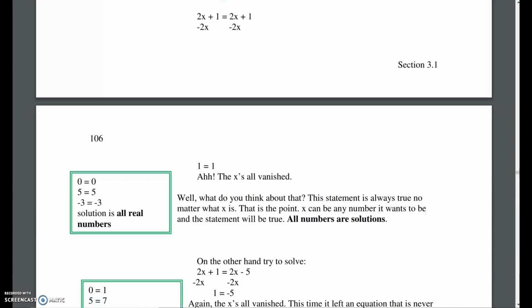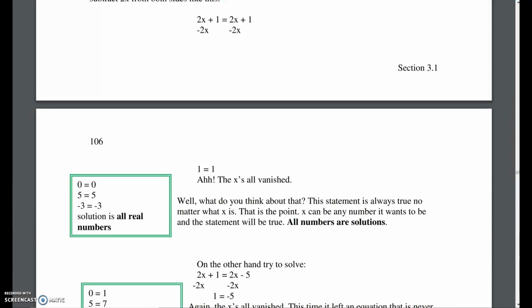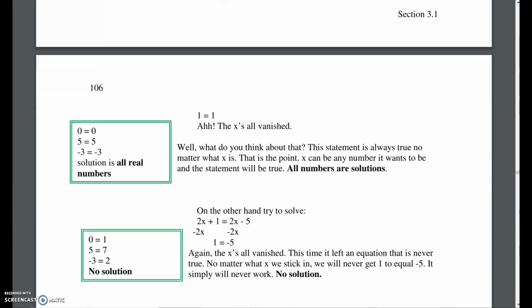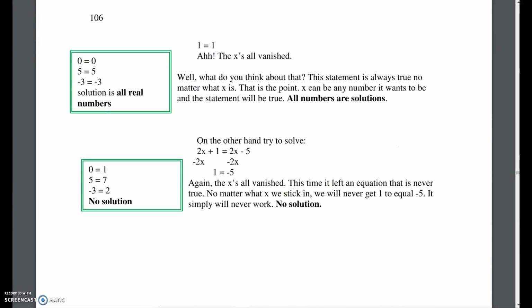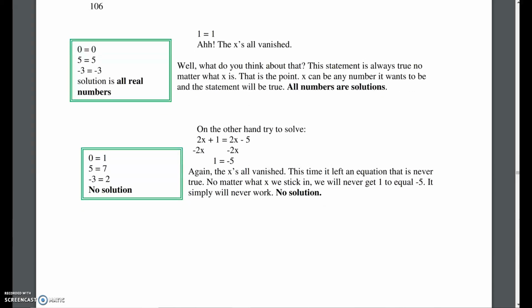The special case is that after you cancel those variables out, you're left with a number equals a number, equals itself, like this one, 1 equals 1. That's always going to be true, so it doesn't matter what you plug in for x, 1 will always equal 1. On the other hand, in the second one here, when you cancel out all the variables, you're left with a number equals a different number.